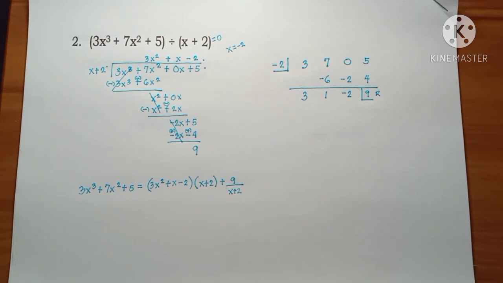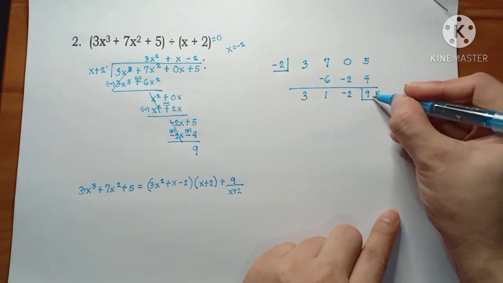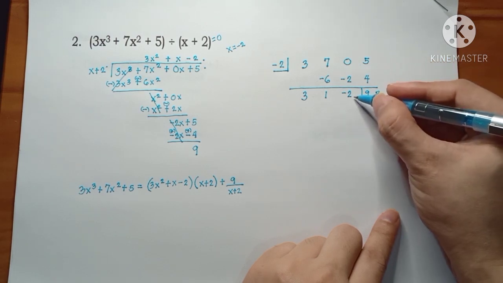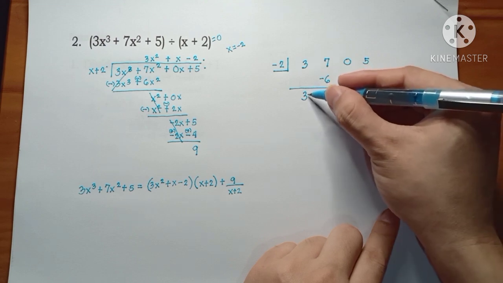Okay? So, paano natin isulat yung ating answer? Pag ibalik na natin. So, kung ito ang remainder, ito ang ating constant, ito ang may x, and then, ito ang ating x squared.